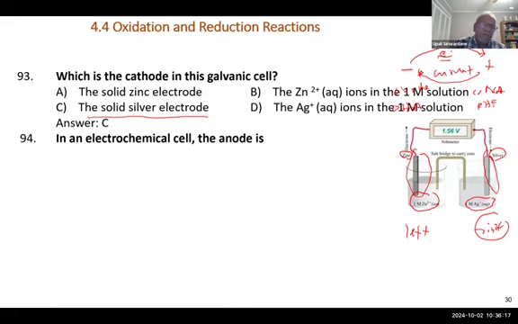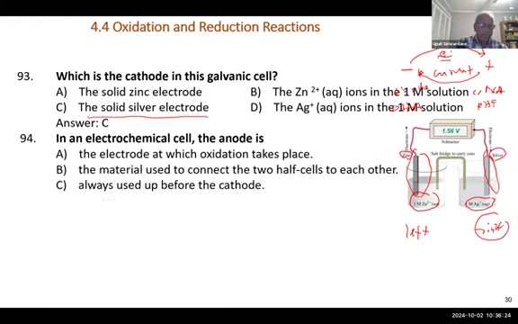So there are a few questions we can ask based on the galvanic cell given. In an electrochemical cell, the anode is, let's look at the choices. That's the correct answer. We told you that in an electrochemical cell, like a galvanic cell, the electrode at which oxidation takes place is the anode. The electrode at which reduction takes place is the cathode.